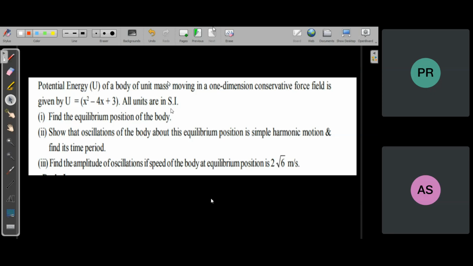Your equilibrium position is 2 meters, sir. So equilibrium is 2, that is correct. The time period is root 2 pi. Sir, 1 minute.